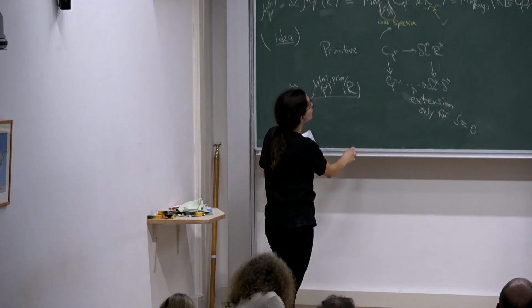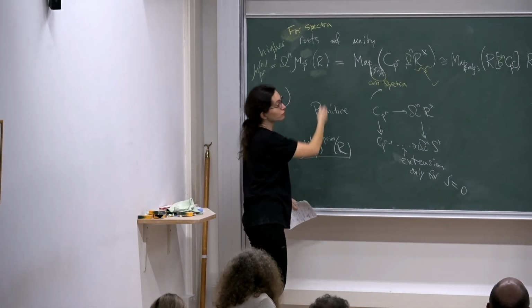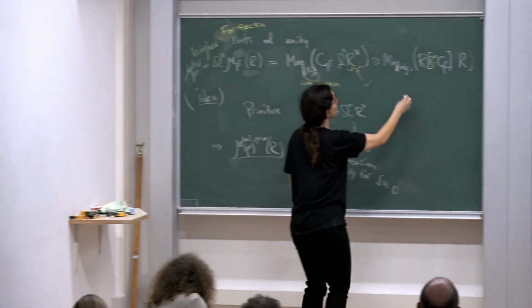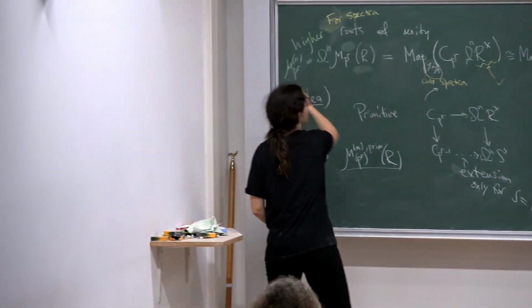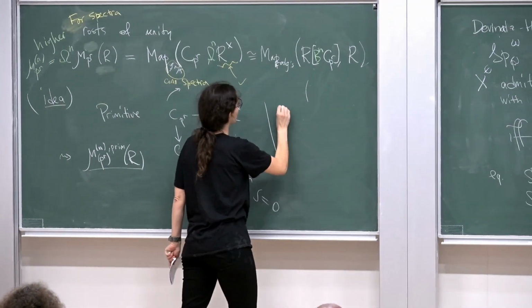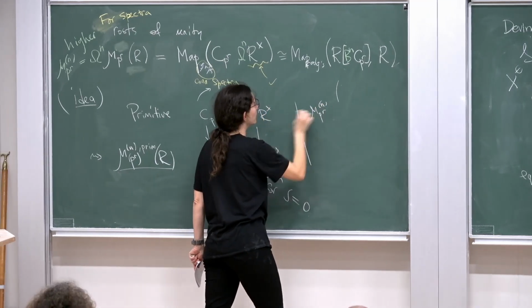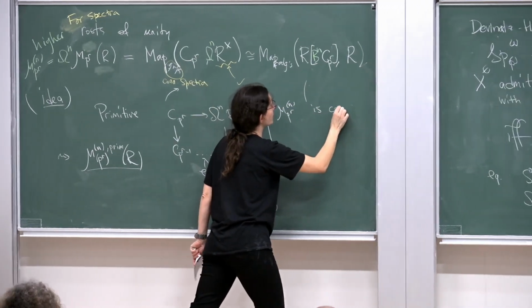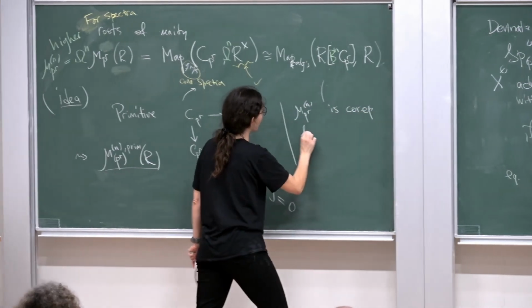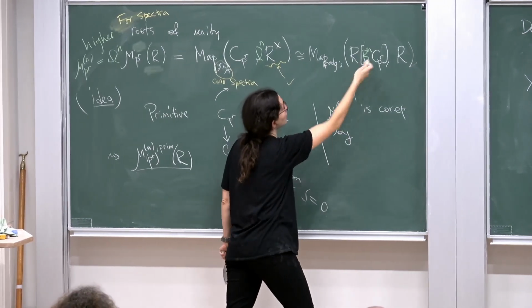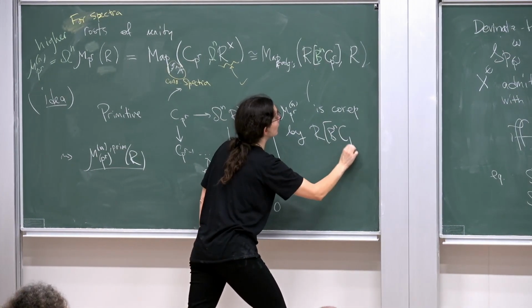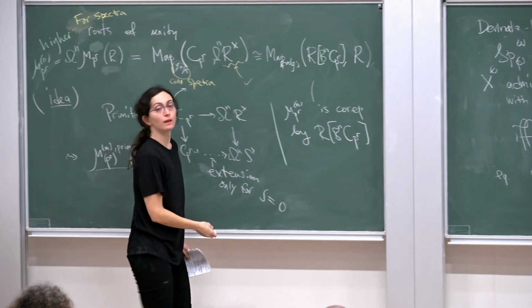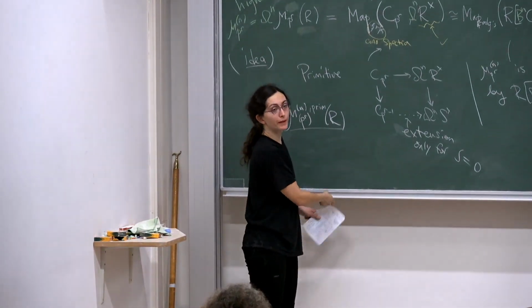Just by construction, here we see that this functor mu p to the r n is co-represented, in our algebras, by, say, R v to the n v p r, this group ring.